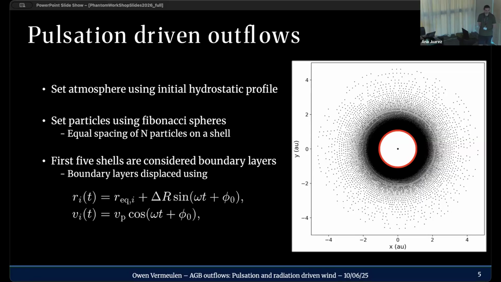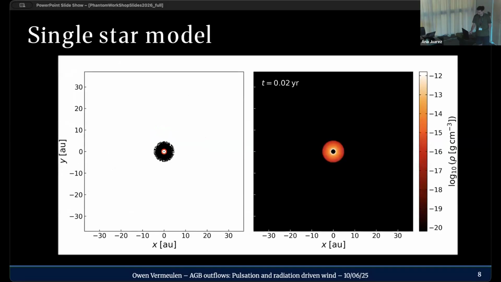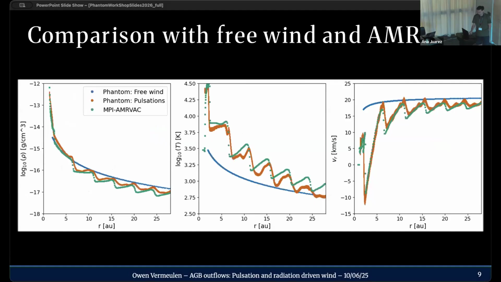The second one is about the comparison. When you do this comparison between the different codes and implementations, I expect also differences in the cooling implementation. Well, in general, cooling is kind of annoying to implement, because even with these pulsations, you're starting from a hydrostatic profile, and if you just activate cooling, it just collapses.